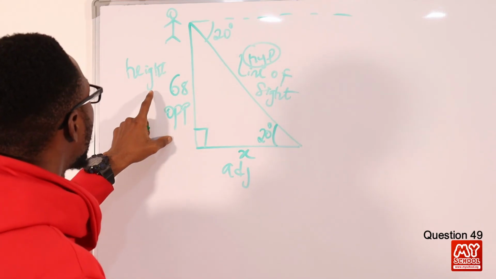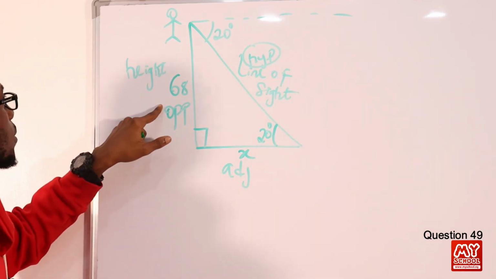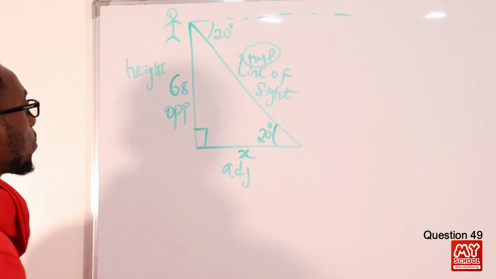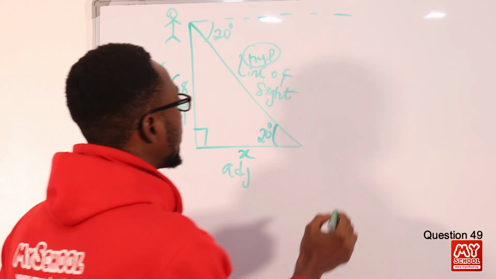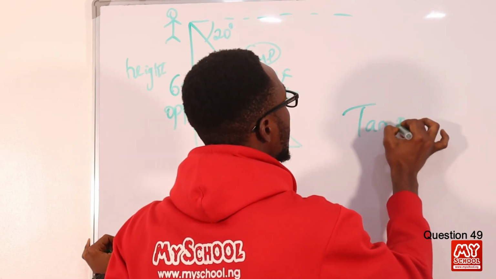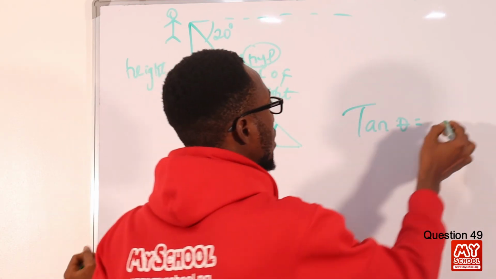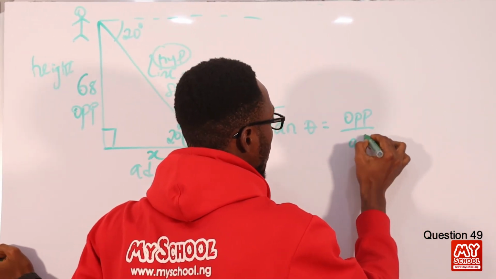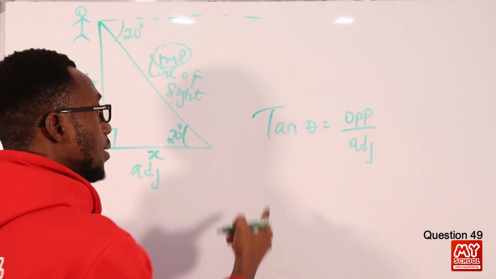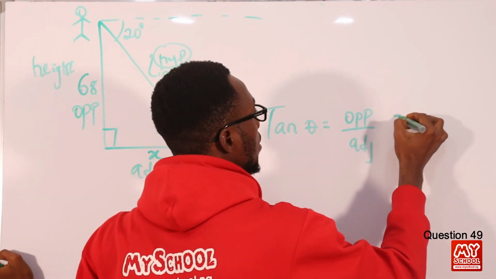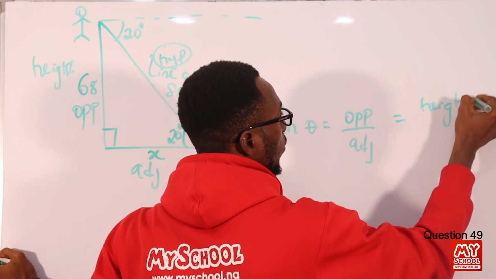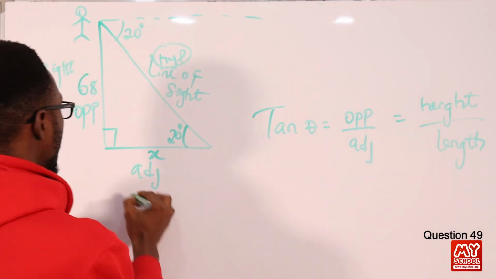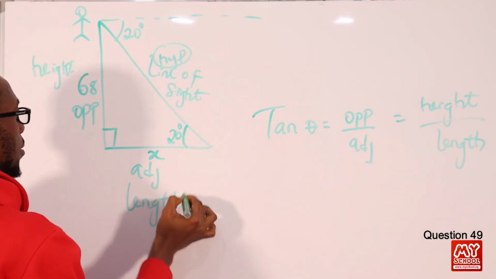Based on what we have, we have the opposite and the angle, so the best we can do is to use tan. So tan theta equals opposite over adjacent, or the height over the horizontal distance.